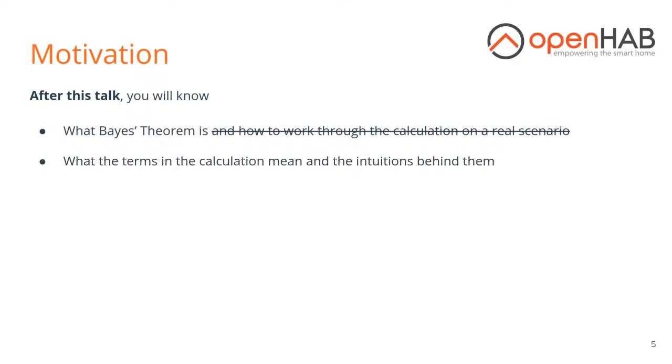You will also know what the terms in the calculation mean and what's the intuition behind them. And you will know how the Bayes theorem could be used in openHAB.